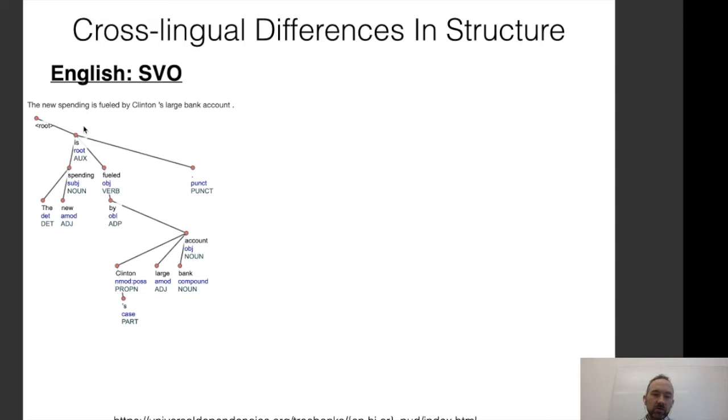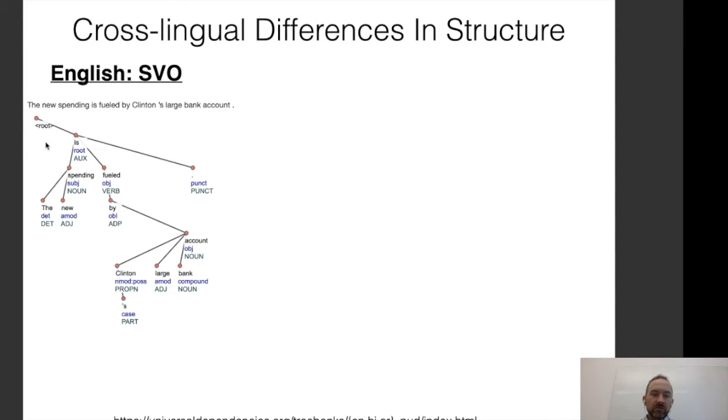And what we can see is the root of the sentence here. We have a noun phrase, "the new spending," on the left side of the root, indicating that this is the subject, and you can even see subject written down here. Then we have the object, it is fueled, and then the prepositional phrase which follows this object over here.